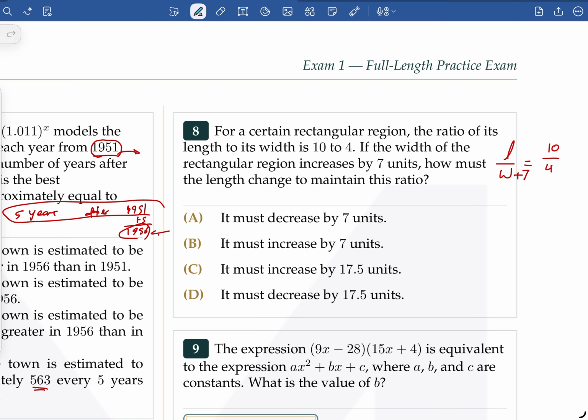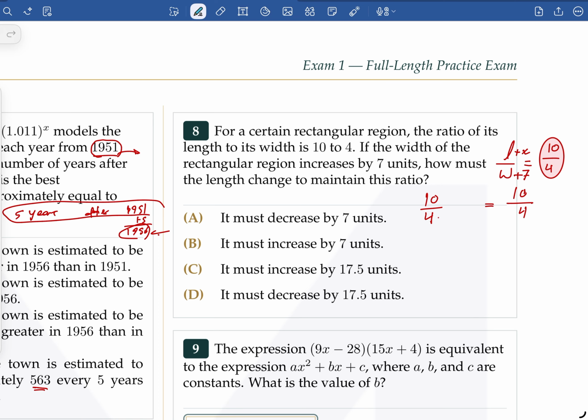So we have to add 7 here, and here we have to add something. Okay, how must the length change to maintain the ratio? It means you have to add something here, like x for example, but you have to maintain this, not change anything about it. So length to width is 10 to 4, and it must stay as 10 to 4, no change.